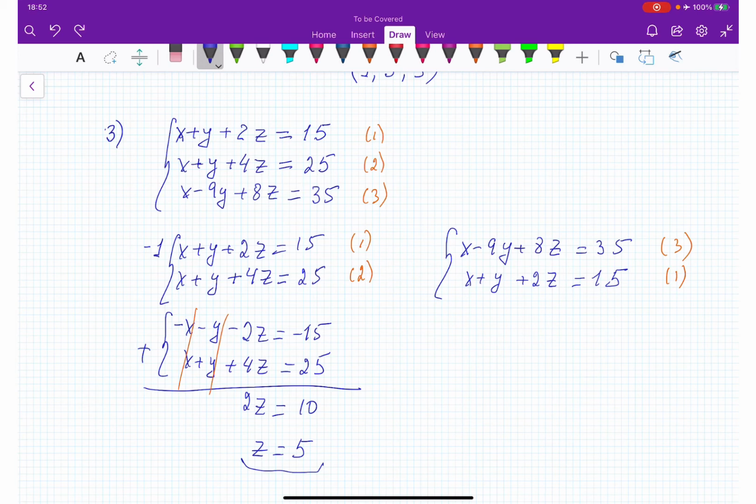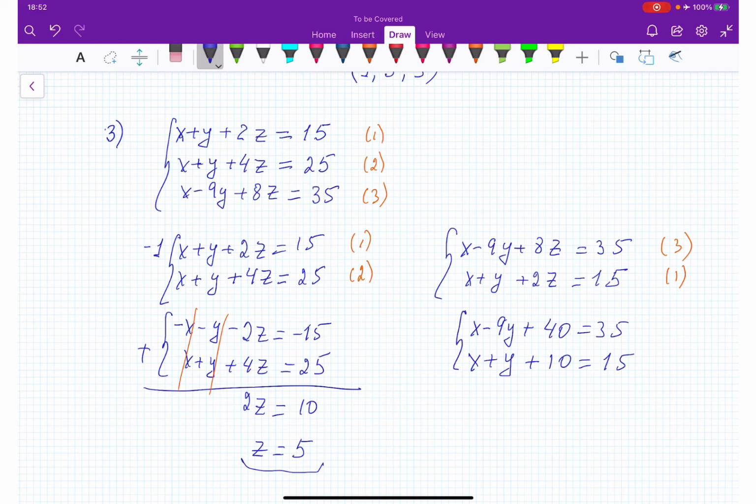Well, let's do it. x minus 9y plus 8 times 5, which is 40, equal 35, and x plus y plus 2 times 5, which is 10, equal 15.